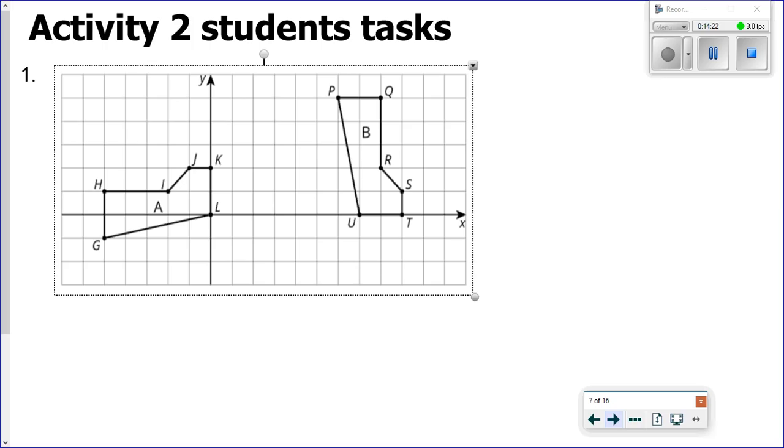Welcome back. Let's check problem number 1. Hopefully you realized after applying rigid transformations that in problem 1, these two figures, A and B, are congruent.